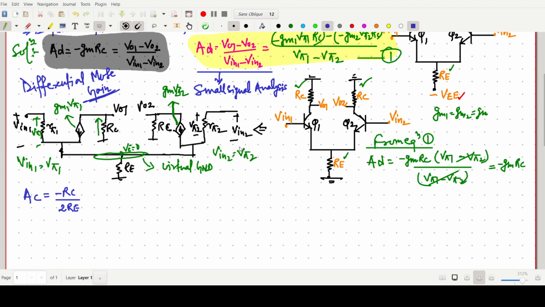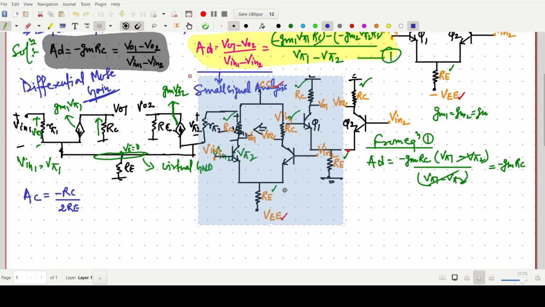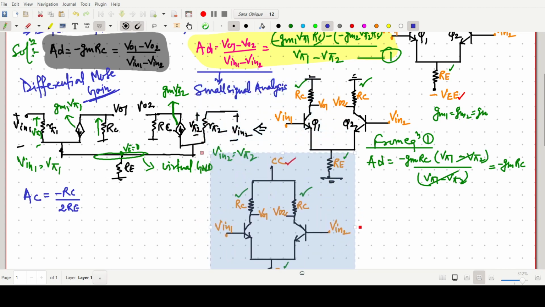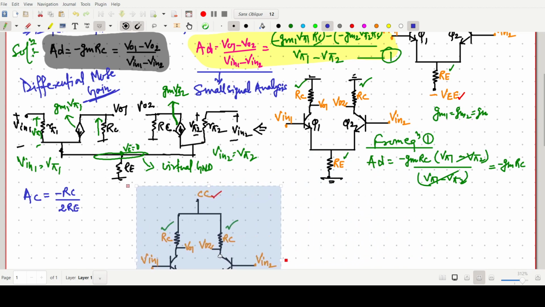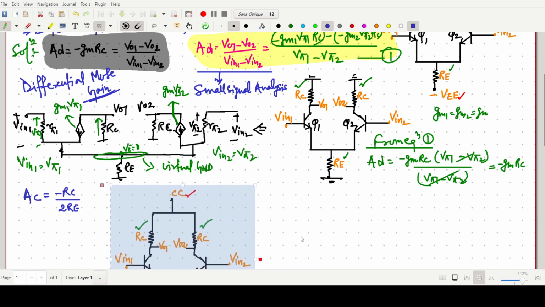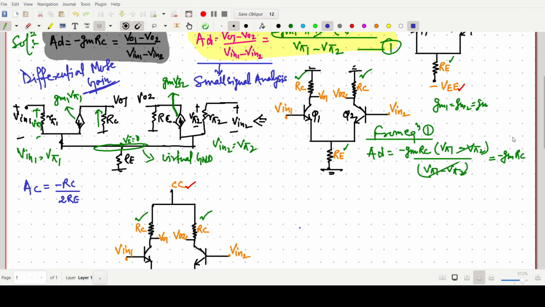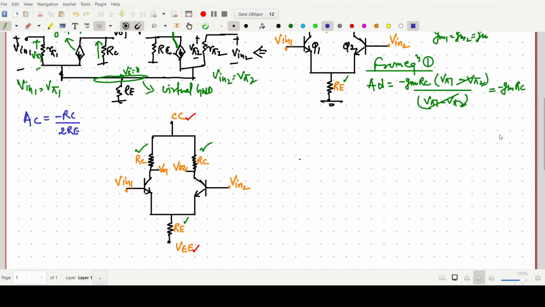So in this one, I am again taking the circuit. This one is the circuit also. In this case, again we have to go for the AC analysis. But in this case the input will be common, so I am just making it common input.